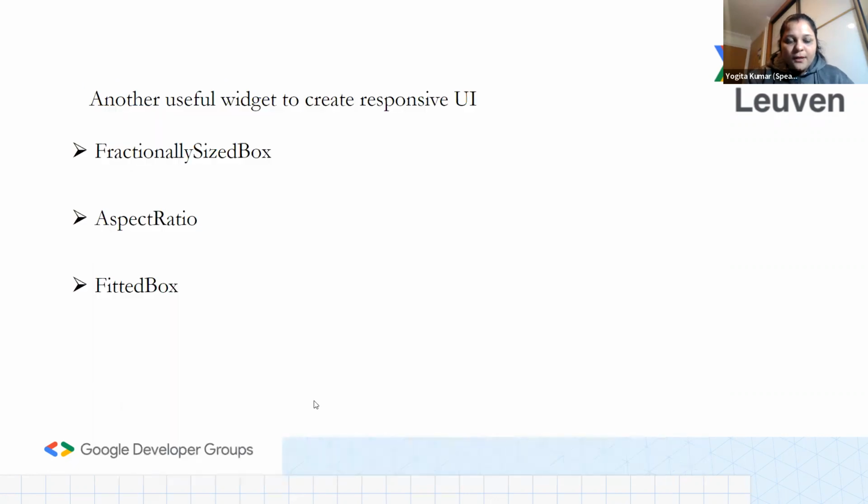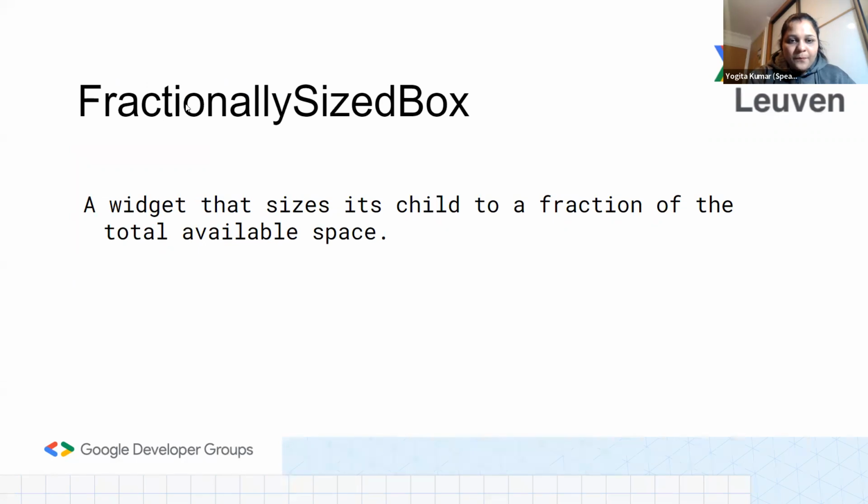There are also other useful widgets to create responsive UI in Flutter, like FractionallySizedBox, AspectRatio, FittedBox. Let's see some of them. FractionallySizedBox is a widget that sizes its child to a fraction of the total available space. If you are designing the application and you say, I want this button to be displayed at only half of the height or half of the width, then you can use the FractionallySizedBox.